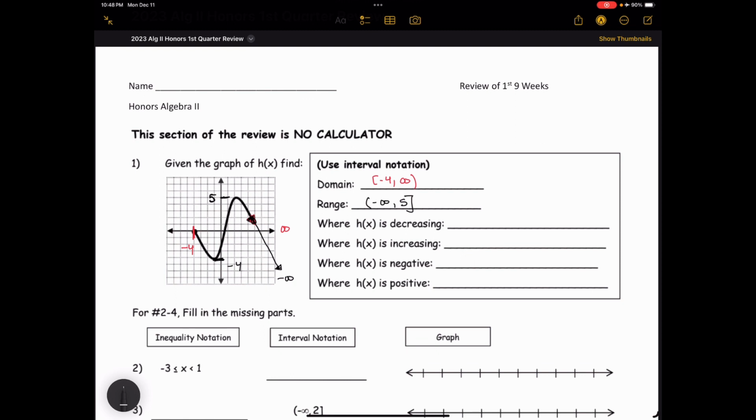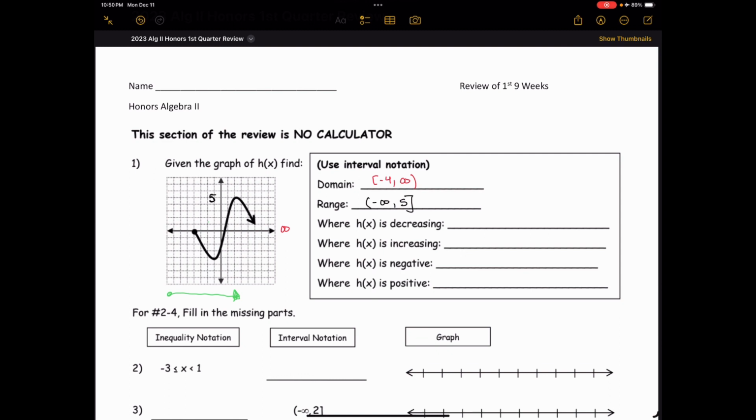Where h of x is decreasing, this is all in terms of x. So basically think of increasing and decreasing as uphill and downhill. Let's look at decreasing. We always go from left to right, and it's always in terms of x.